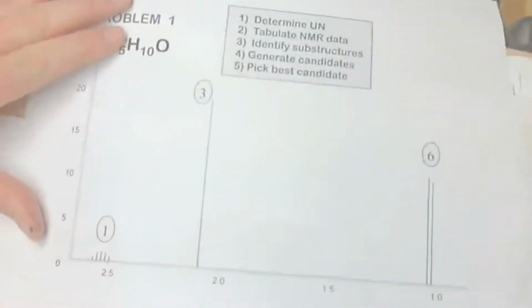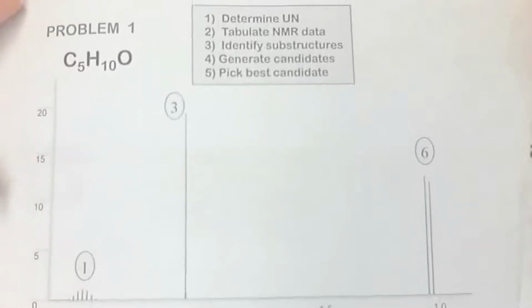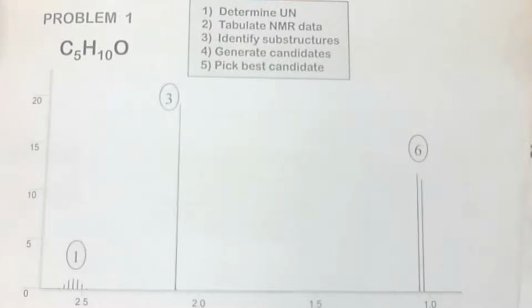Oh, I see, you see my trash can. Whoops. Okay, so I basically printed out all the slides from now on, and they're on paper, so I can actually write on them. This is problem 1.